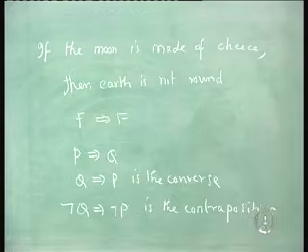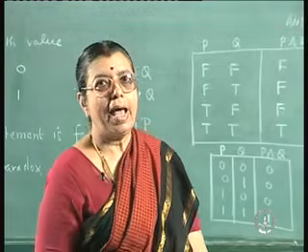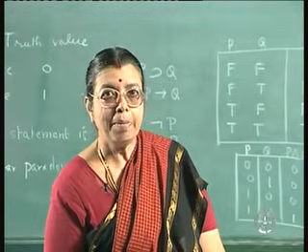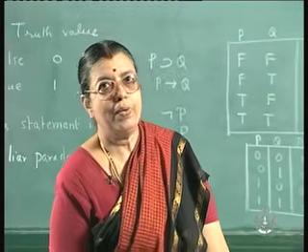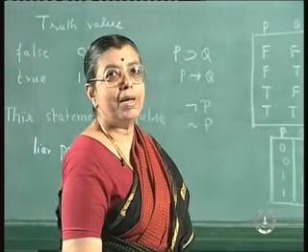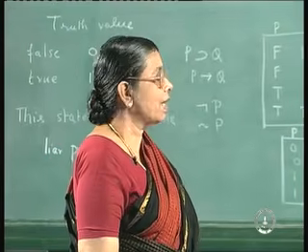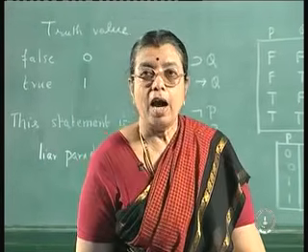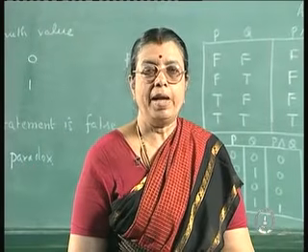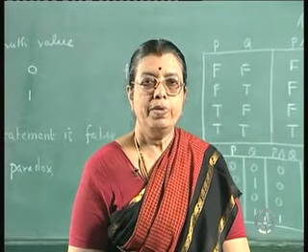In this case, it so happens that both the theorem and the converse are true, but several situations may arise where the theorem may be true, but the converse need not be true. Because P implies Q does not mean Q implies P is true. Whereas the contrapositive, not Q implies not P, will be true whenever P implies Q is true.